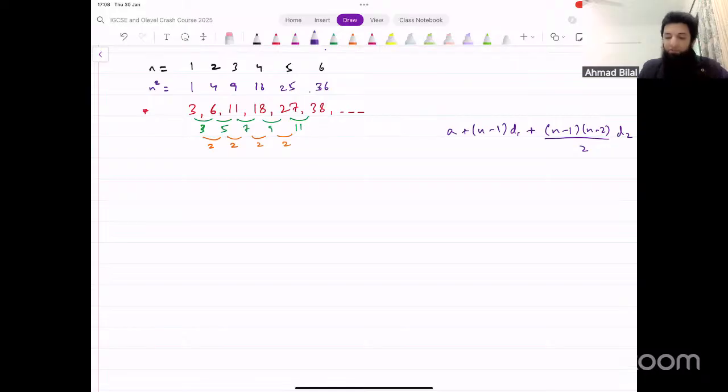Now, notice what's happening here. These are the square numbers: 1, 4, 9, 16, 25, 36, and so on. The sequence that you are given, you are just adding 2 to all of those numbers. 1 plus 2 is 3, 4 plus 2 is 6, 9 plus 2 is 11, 16 plus 2 is 18, and so on.